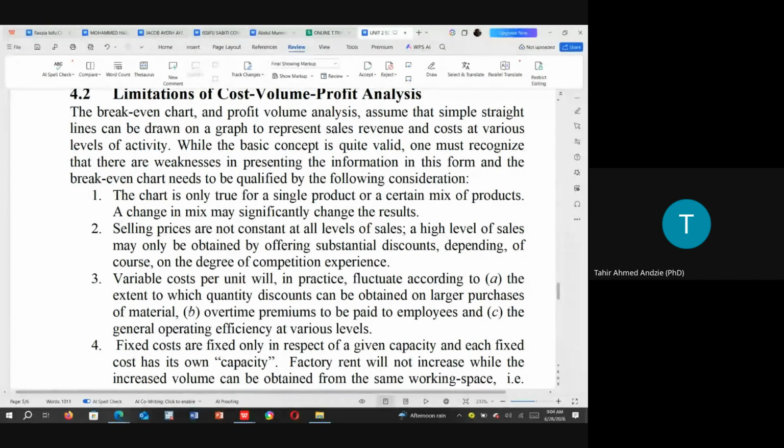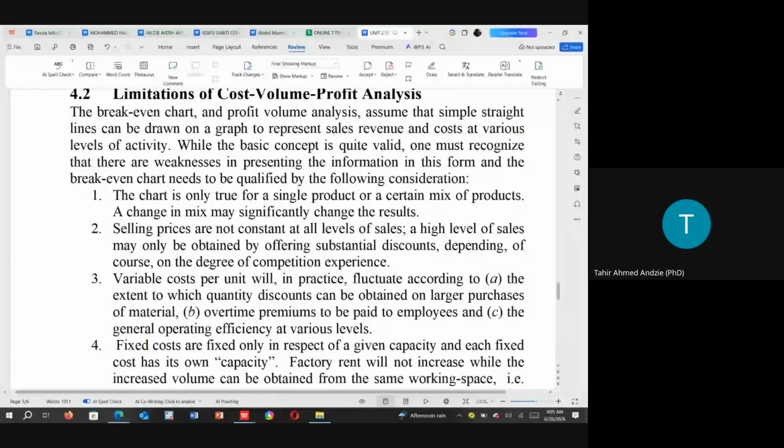So the assumption is that variable costs will vary proportionally with the levels of activity. If variable cost is varying proportionally with the level of activity, it means that the unit variable cost does not change. The unit variable cost will remain constant, and so total variable cost only goes up as a result of the quantities or output being increased.